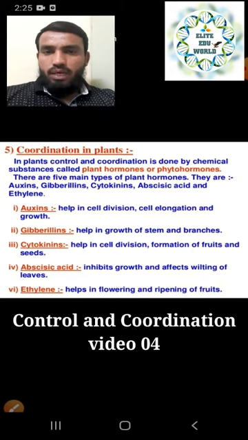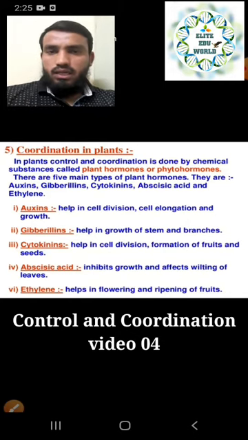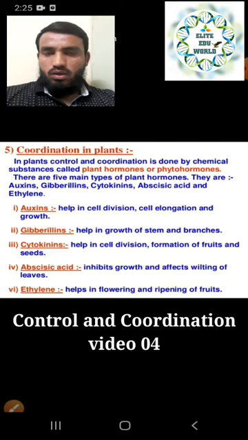So there are 5 main types of plant hormones: auxin, gibberellin, cytokinin, abscisic acid, and ethylene. These are hormones, plant hormones. We will see one by one which hormone does which function in the plant.